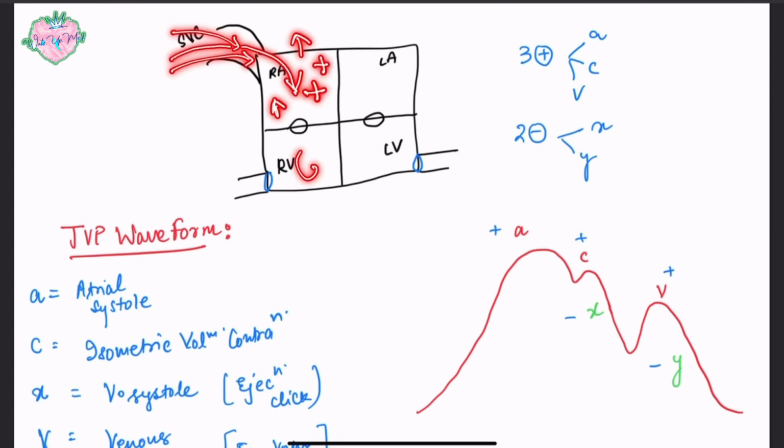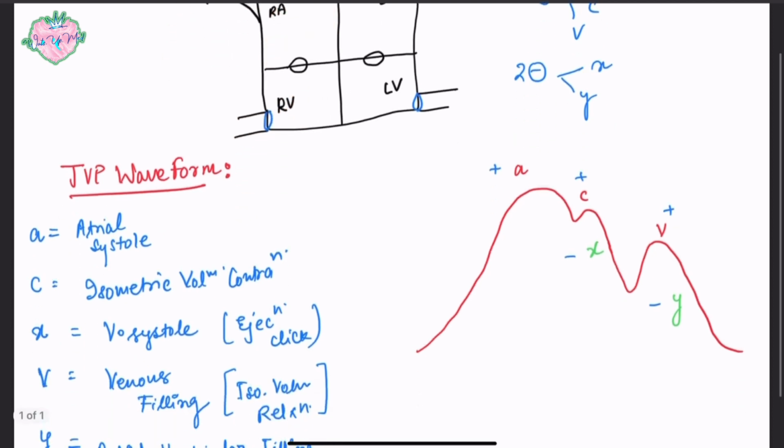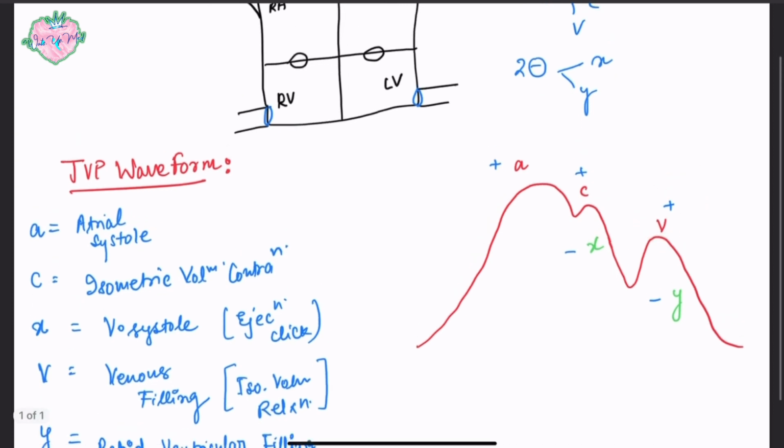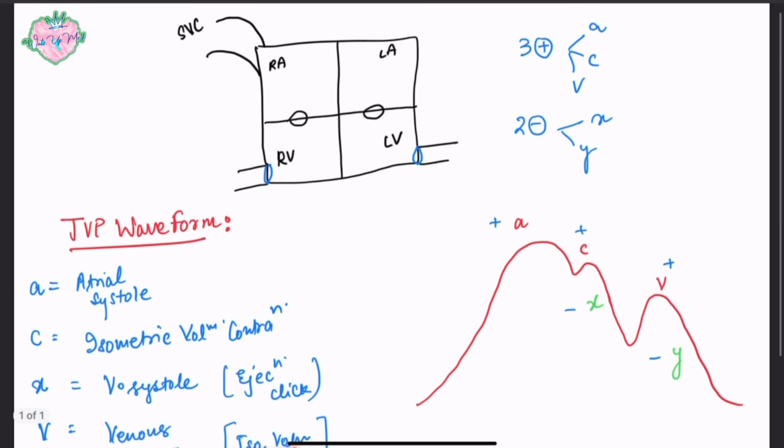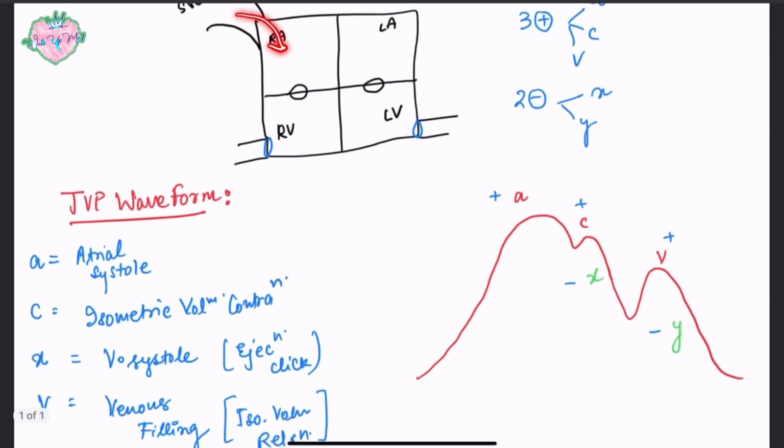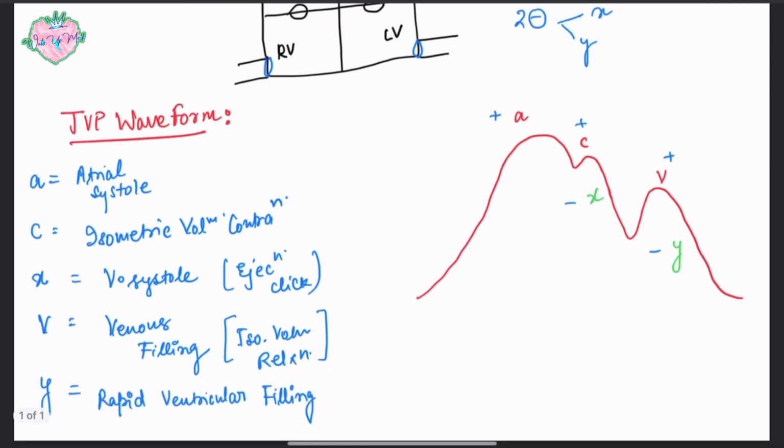Right after the blood goes out of the right ventricle, there is passive venous filling in the right atrium. This again increases the pressure in the right atrium, and this is shown by the V wave, which is again a positive deflection, a positive wave rise. This is basically the isovolumetric relaxation. When the venous filling is happening in the right atrium, all the chambers of the heart are in the relaxed state, or the diastole stage.